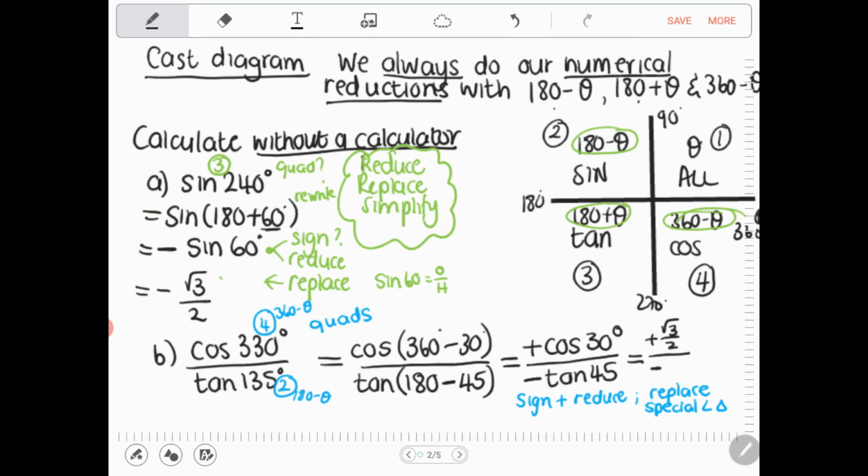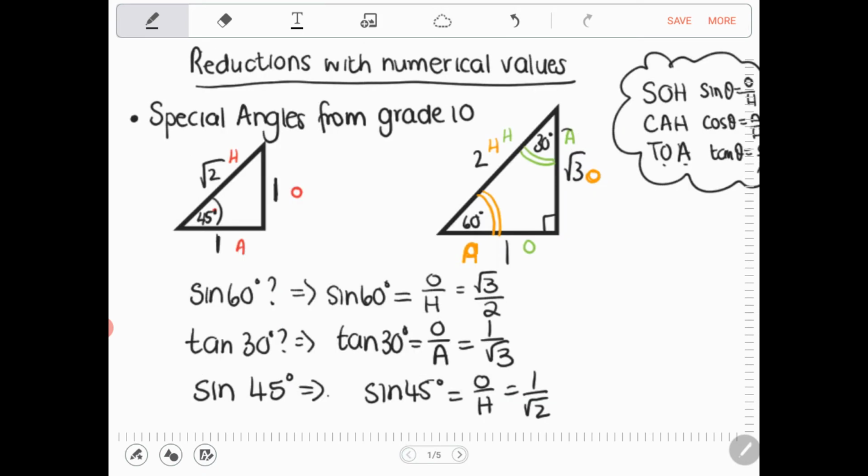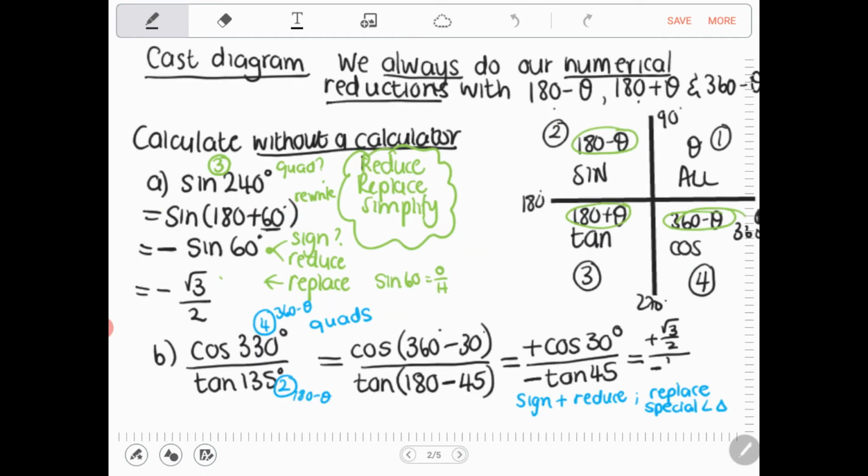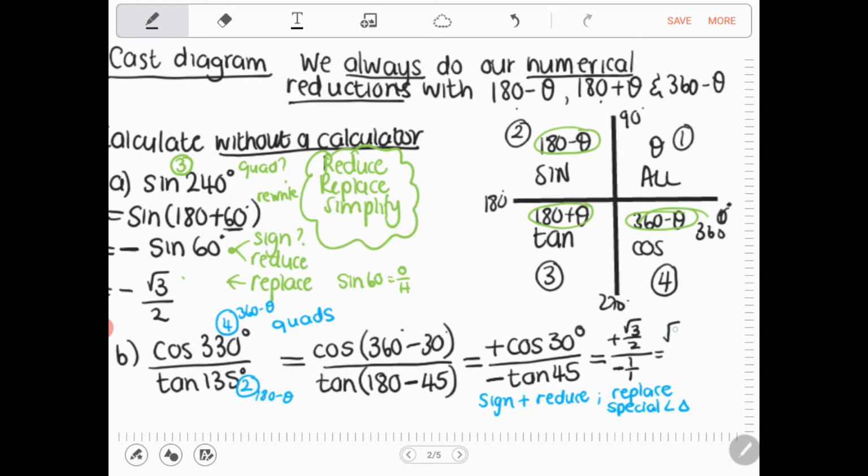We mustn't forget our sign. Tan 45, opposite over adjacent for tan. So for 45, it'll be 1 over 1. Okay, so we've got root 3 over 2 over negative 1. Positive over a negative gives me a negative root 3 over 2.